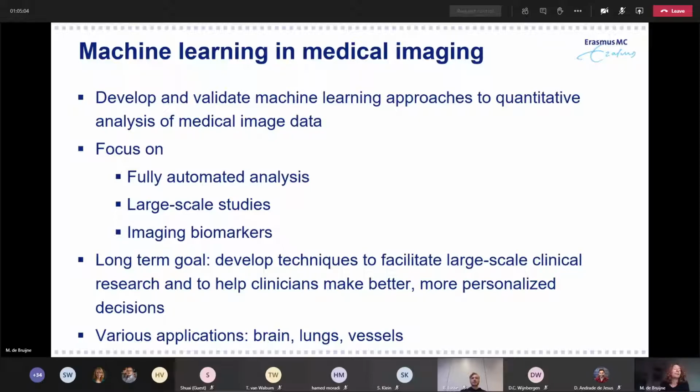And the final aim is to make large-scale clinical research easier and to help clinicians make better, more personalized decisions. We work on various applications. Brains, lungs, vessels are the main ones. And we focus on fully automated analysis, large-scale studies, and extracting imaging biomarkers that tell you something important about the risk of developing specific diseases.